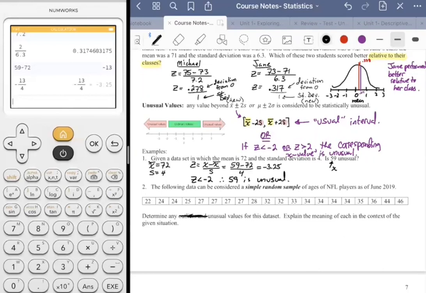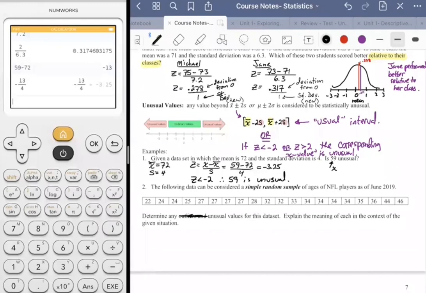We're not doing outliers here. And then explain the meaning in the context of the situation. Don't be alarmed by context, especially if you're not familiar with NFL players, because really all it's saying is just make sure you state the meaning as best you can using the correct units.